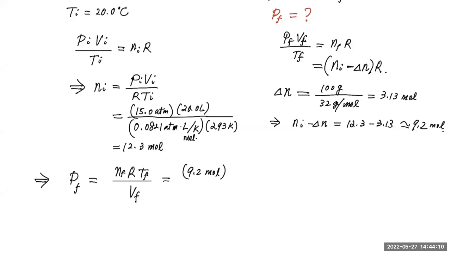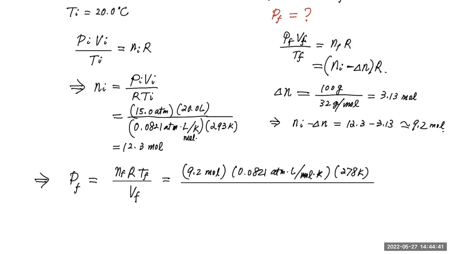Since the initial pressure is given in ATM and the volume is given in liters, I'm still going to use 0.0821 ATM liter over mole Kelvin. T final is 5 degrees Celsius. You add 273, you get 278 Kelvin. You've got to convert to Kelvin, don't forget for the temperature.